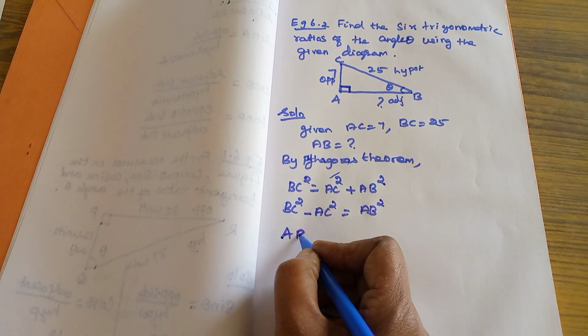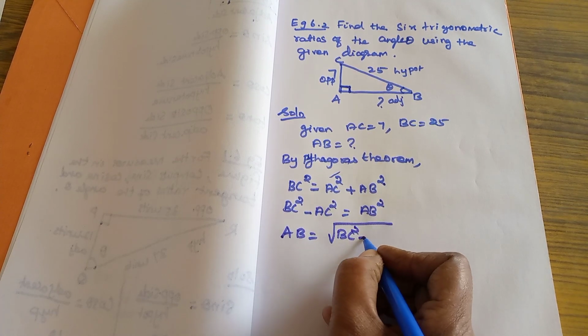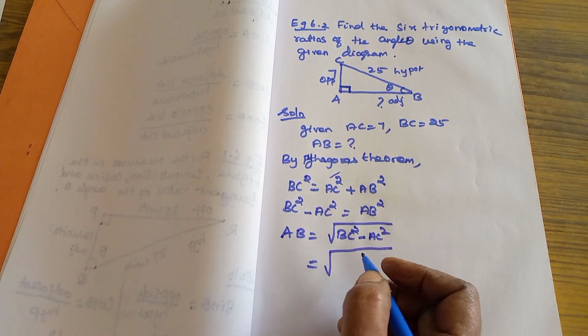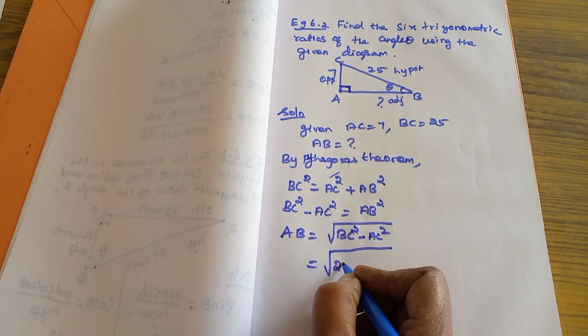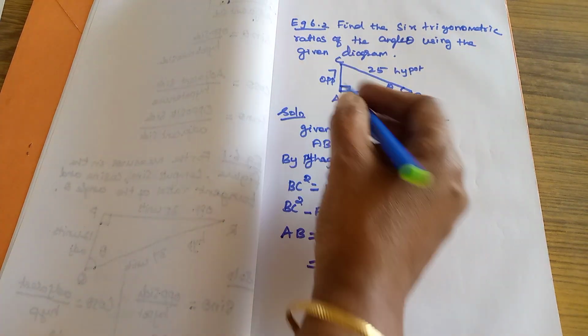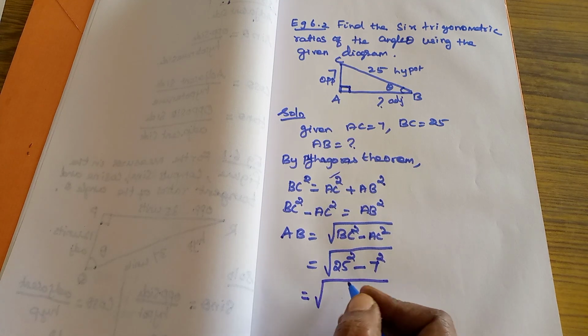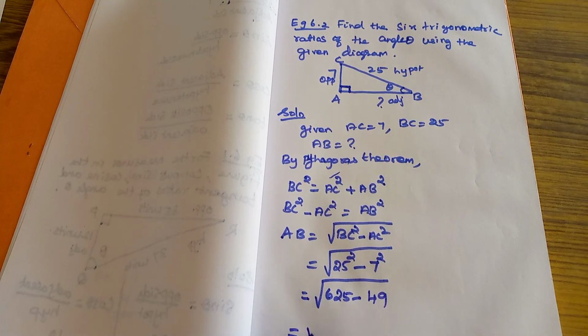So AB equals square root of BC square minus AC square, which is square root of 25 square minus 7 square. 25 into 25 is 625, minus 7 square is 49.